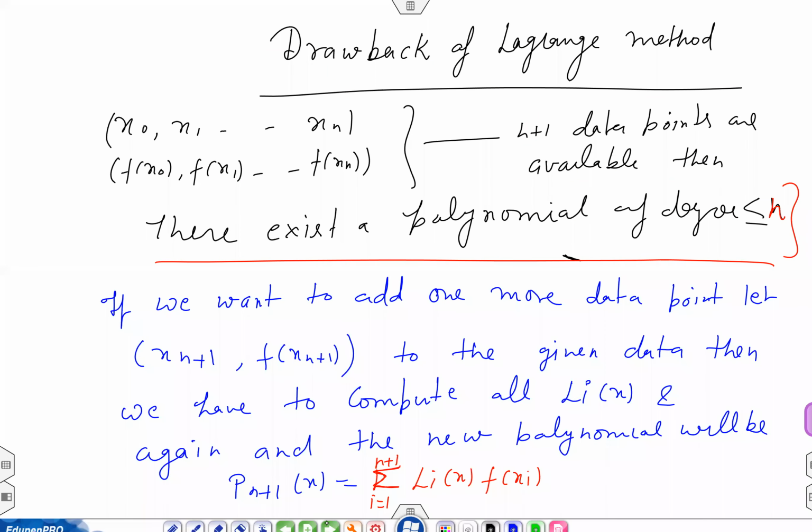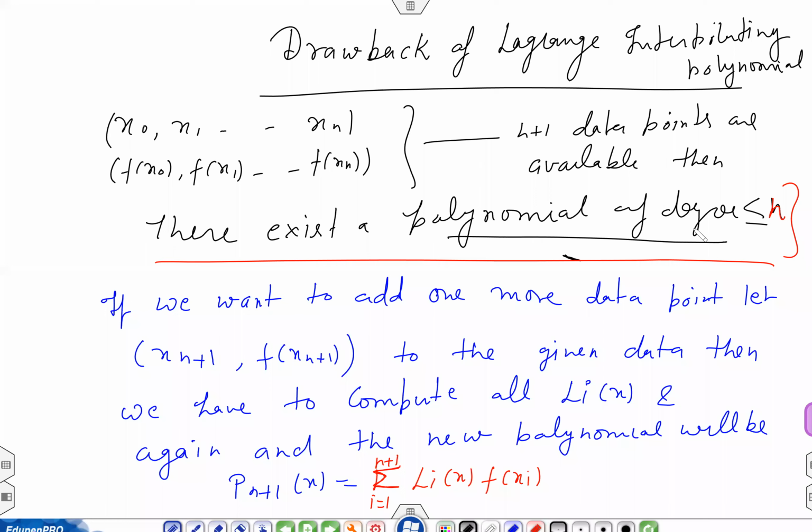What is the drawback of the Lagrange interpolating polynomial? If n plus 1 data points are available, then there always exists a polynomial of degree n, which we have already discussed.